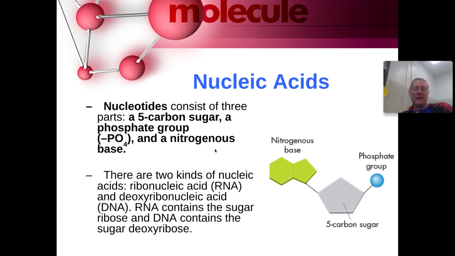Nucleotides have three parts: the 5-carbon sugar, a phosphate group, and a nitrogenous base. There are two kinds of nucleic acids: ribonucleic acid, which is RNA, and deoxyribonucleic acid, which is DNA. The difference is the type of sugar. The sugar ribose and the sugar deoxyribose is the main difference between RNA and DNA.